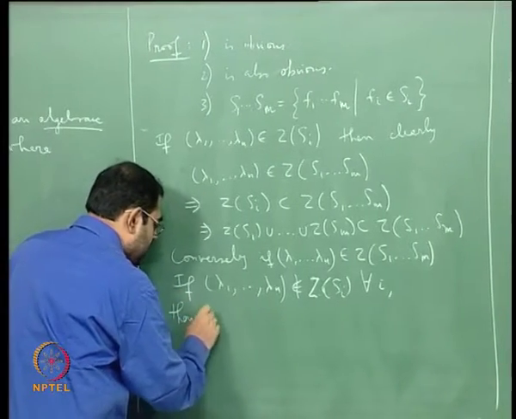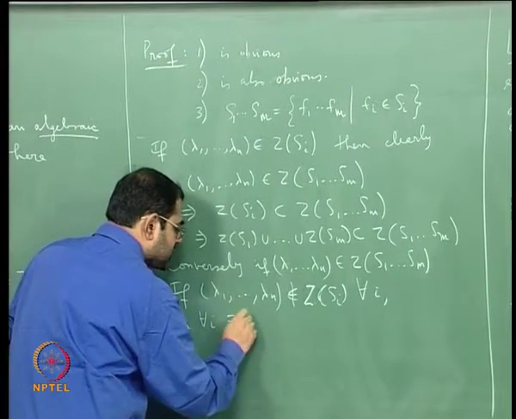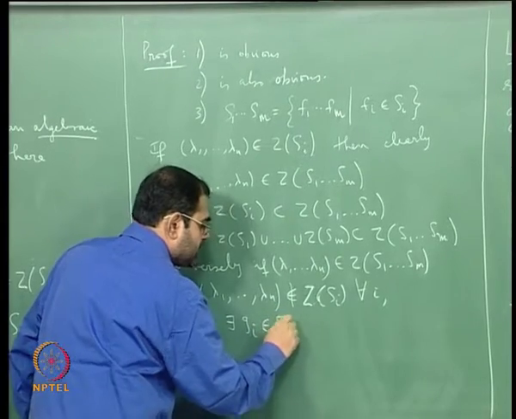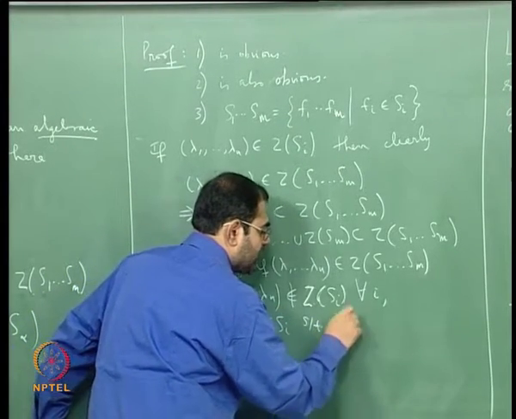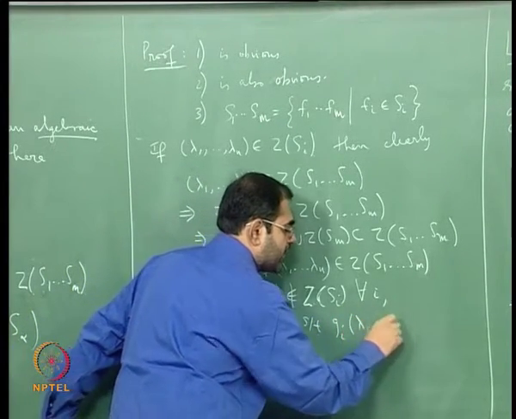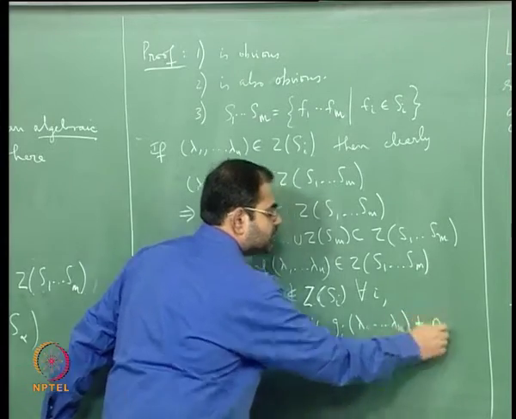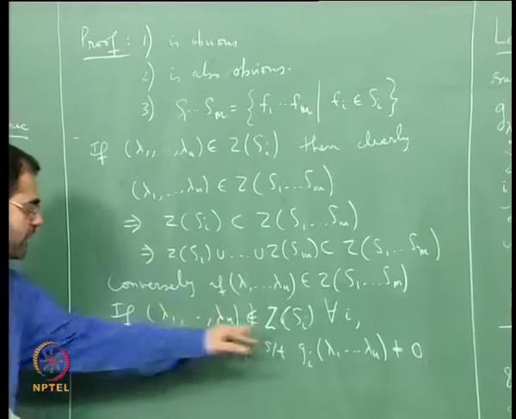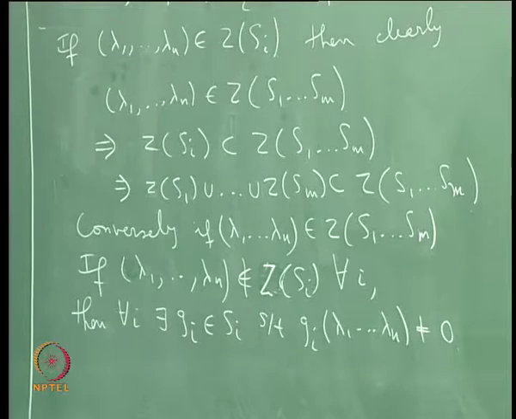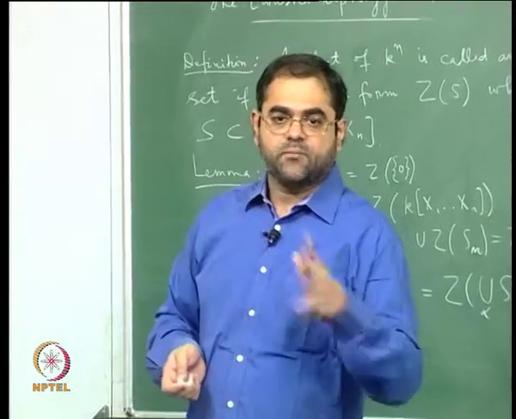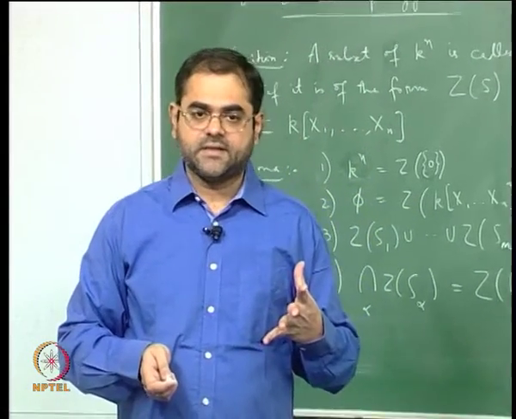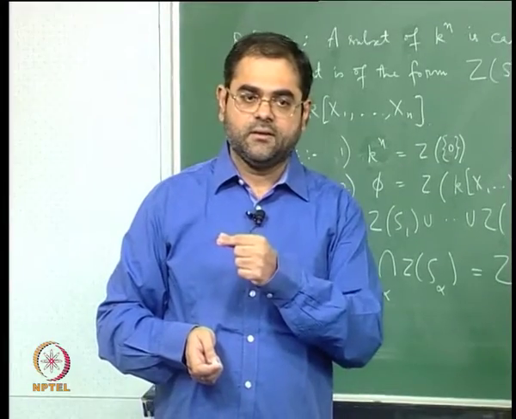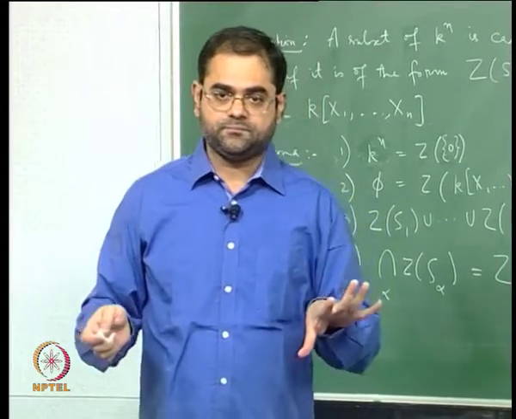It means that for every i there exists a gi in Si such that gi of (lambda 1, ..., lambda n) is not 0. The fact that a point is not in the 0 locus of a set of polynomials means that there is at least one polynomial in that set for which this point is not a 0, that is, if you evaluate that polynomial at this point you do not get 0.